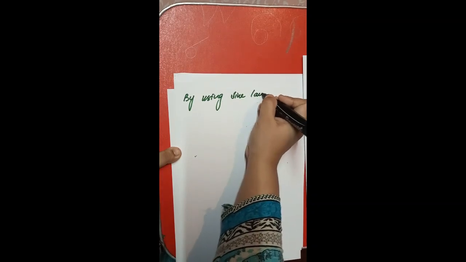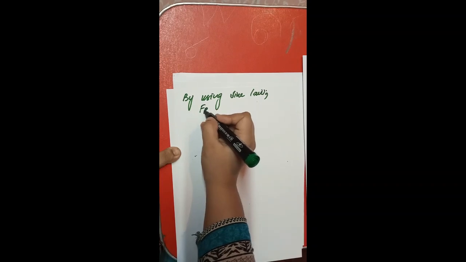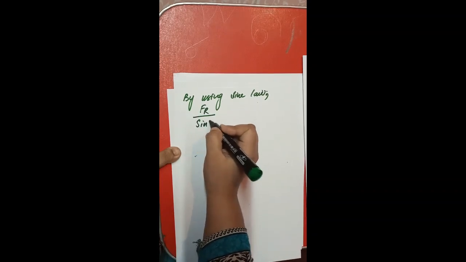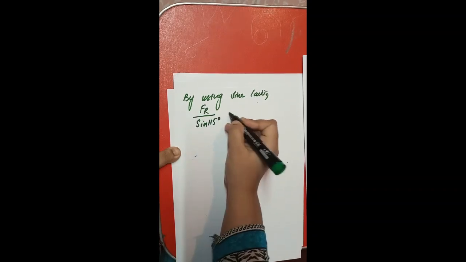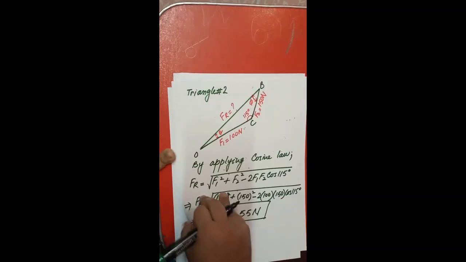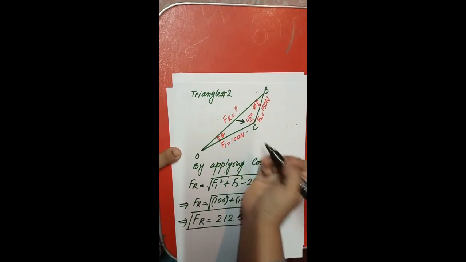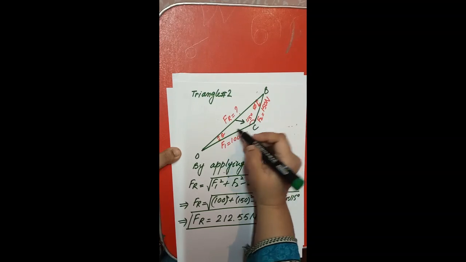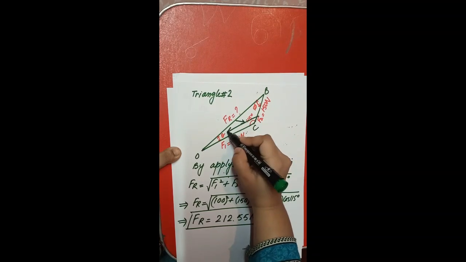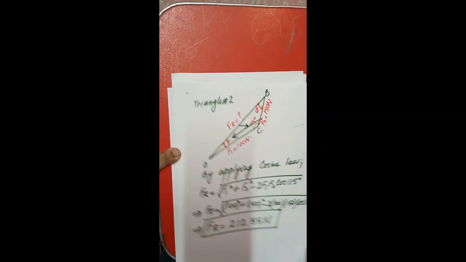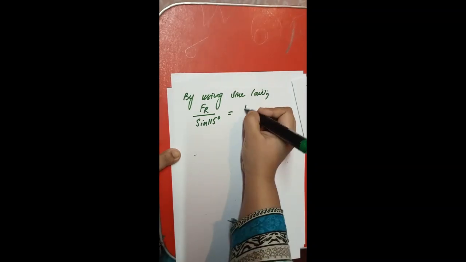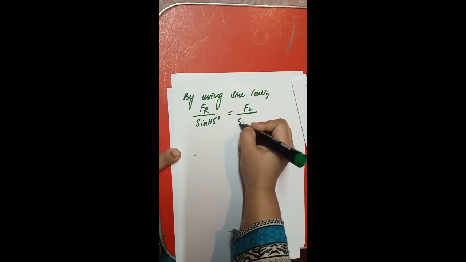FR upon sine 115 degrees equals F2 upon sine theta, because the opposite angle of FR is 115 degrees and the opposite angle of F2 is theta.